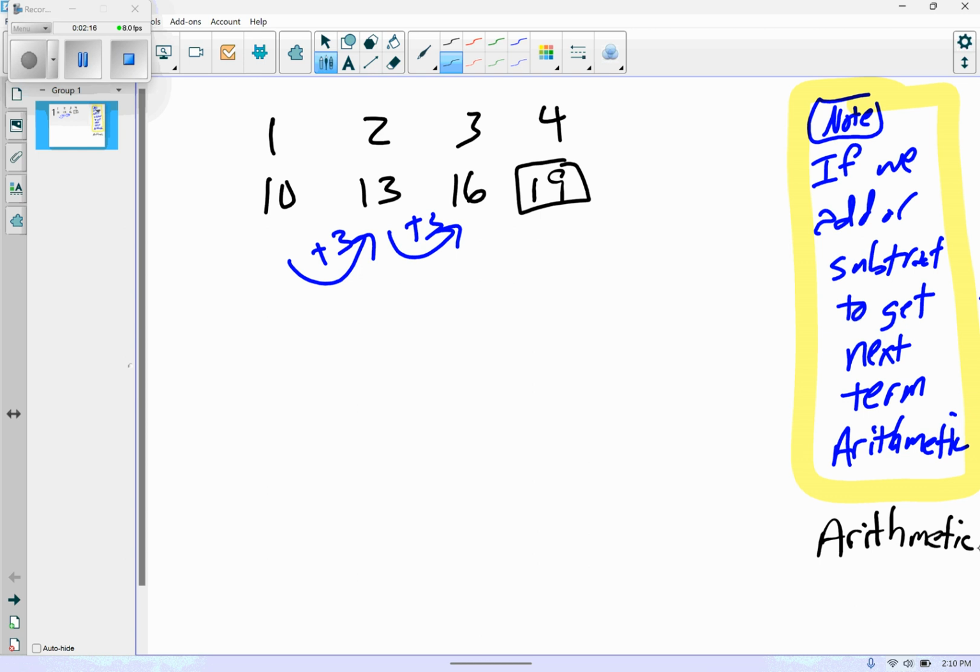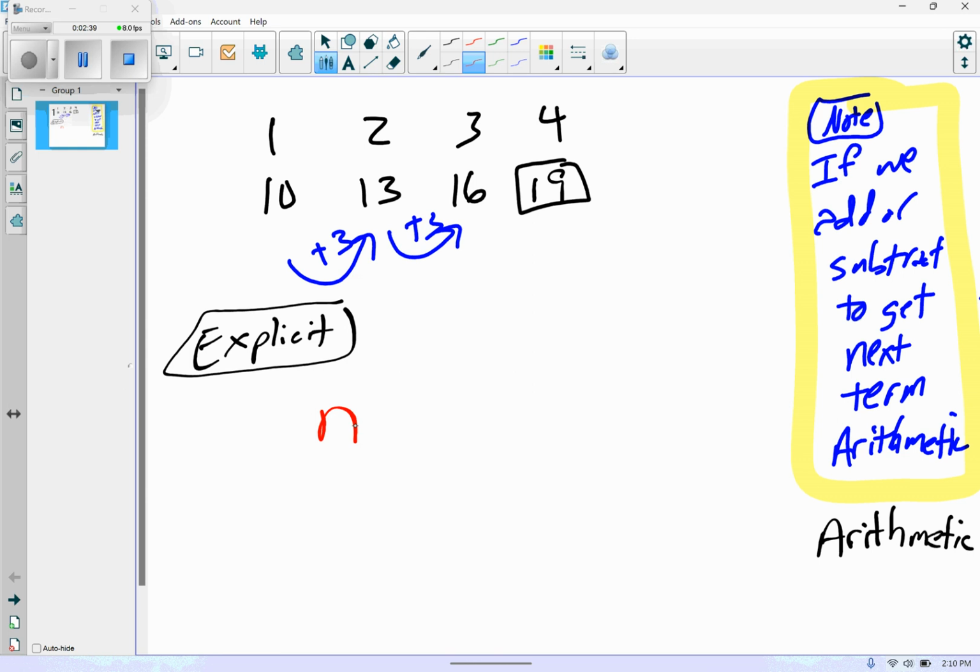Yep. All right. So let's figure out our explicit equation. So this is what we kind of have to discover. So remember, we'll start with n. Okay, if I plug 1 into n, do I get 10 out?